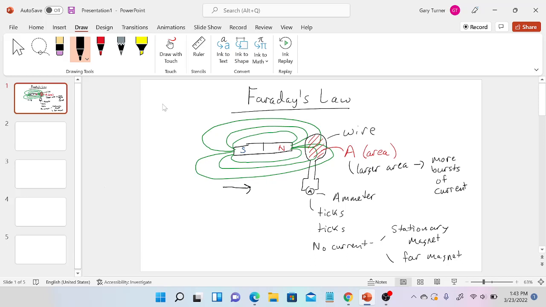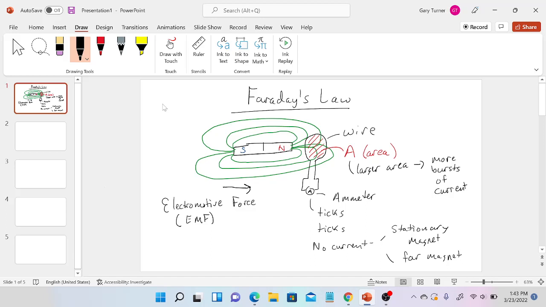So the larger your area, the bigger your burst of current is going to be. And so all of these observations put together lead to the idea of what is called electromotive force, or EMF for short.